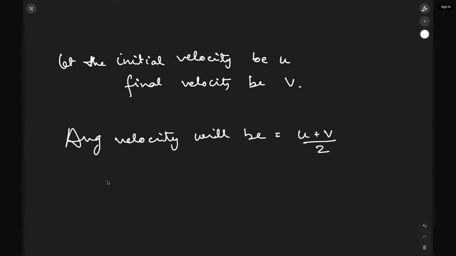All right. So if the body takes t seconds to travel a distance of s, then the distance s that will be covered will be the product of average velocity multiplied with the time taken.